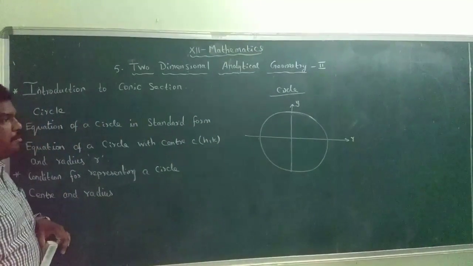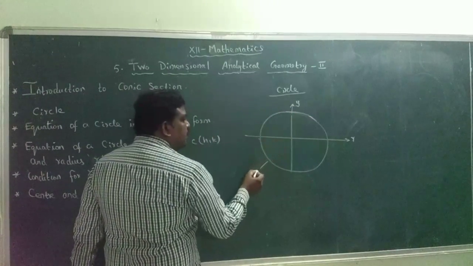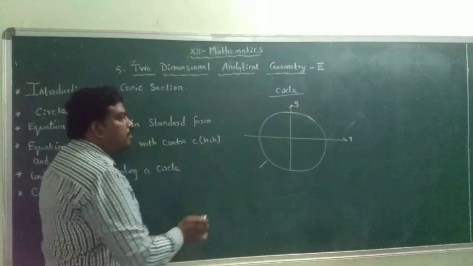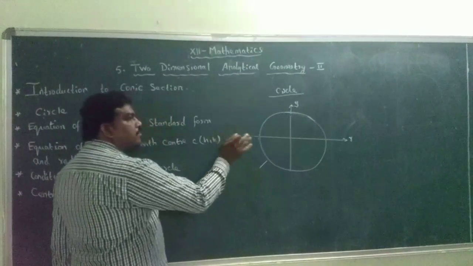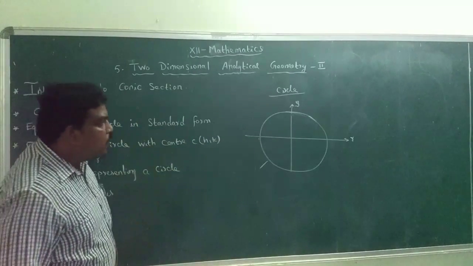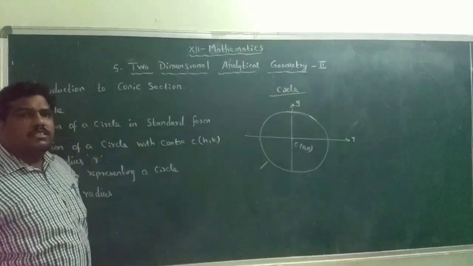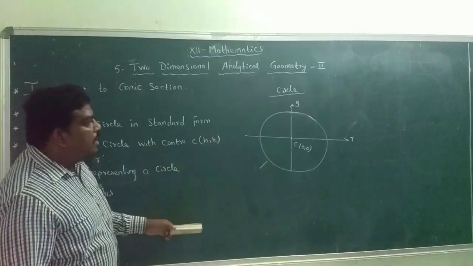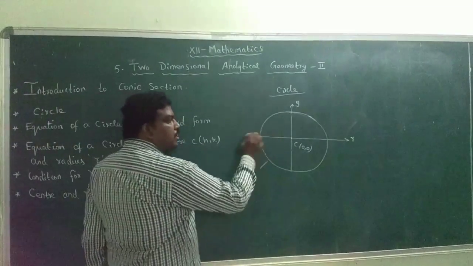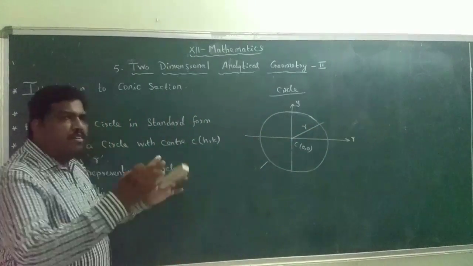Standard form of a circle means the equation of the path we have traced is this, and there is no change in the equation of this path. This is the equation of this circle, and no other equation would come for it; if we say it is fixed like this, it is called the standard equation. When does it become fixed, sir? If the center is fixed at the origin. If the center is (0, 0), that equation of the circle is called the standard equation. So here the center is fixed at (0, 0) and the radius may vary, it can extend as much as needed.